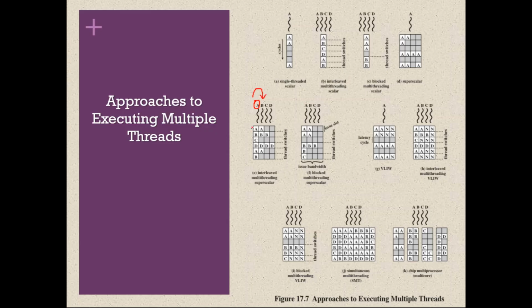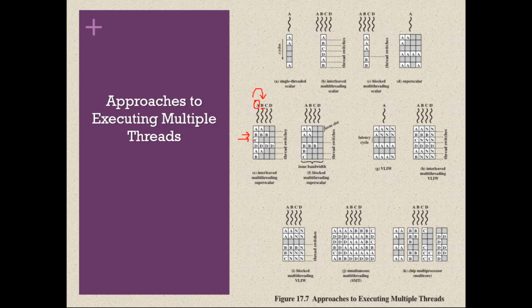We have 4 execution units, so 4 instructions of B can be executed. It tries to fetch 4 instructions from B, but got only 3 independent instructions, so it is executing the 3. At the end of the second clock cycle, the processor switches to thread C. Again it tries to fetch 4 independent instructions from thread C, but got only 1, so it is executing it.